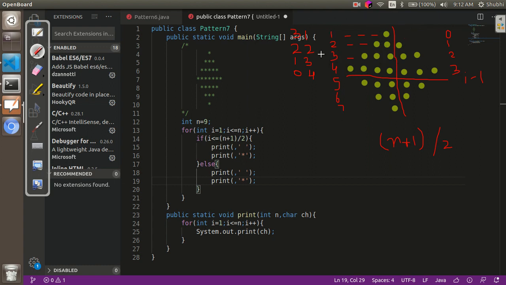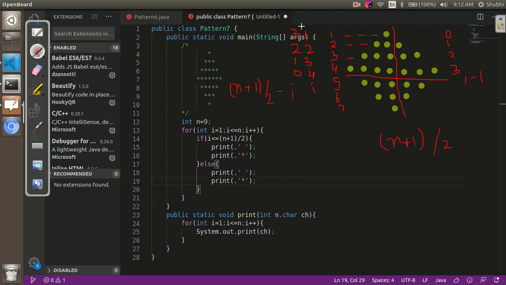For this part we can see the number of characters being printed is equal to i, that is the row count, and the number of spaces being printed is equivalent to (n+1)/2 minus i.